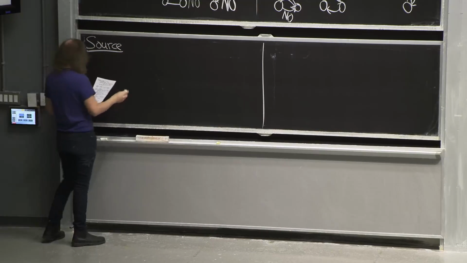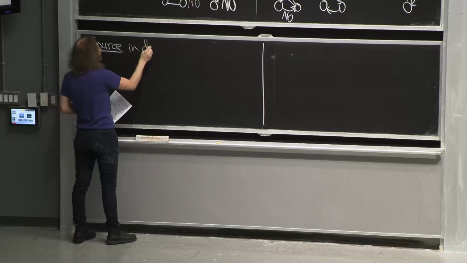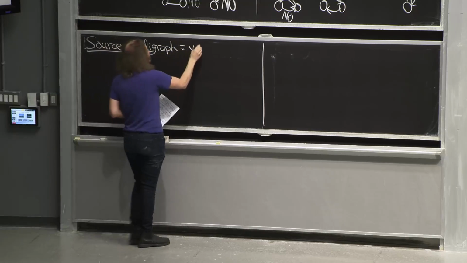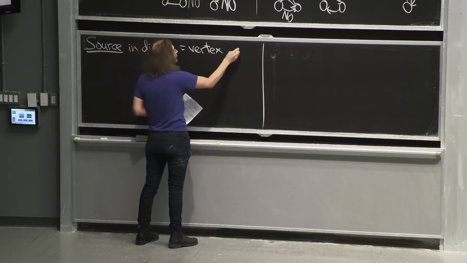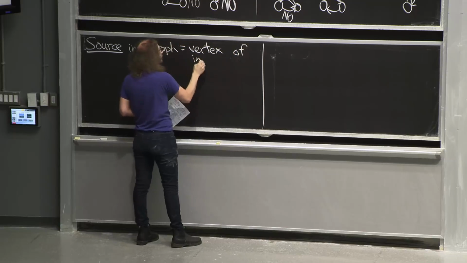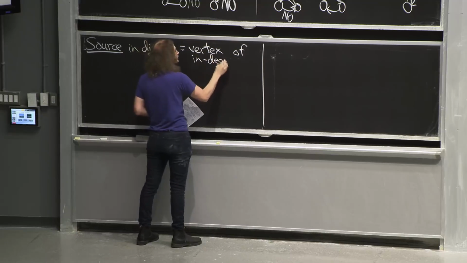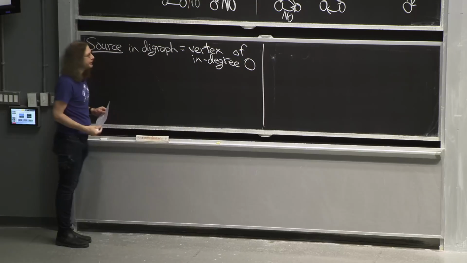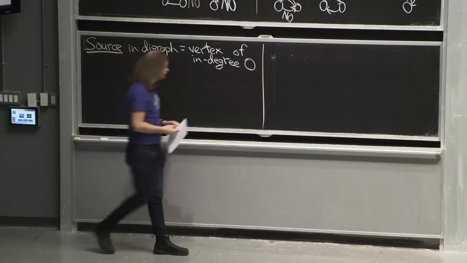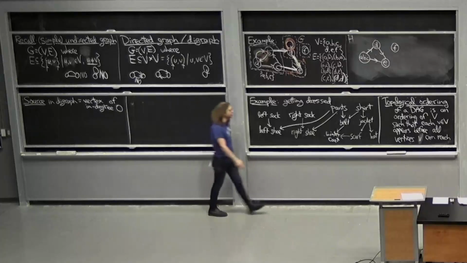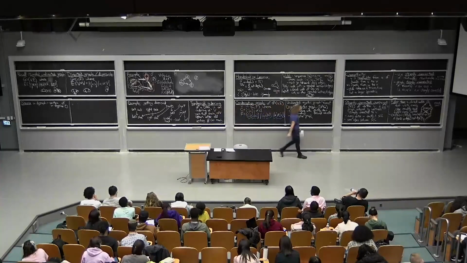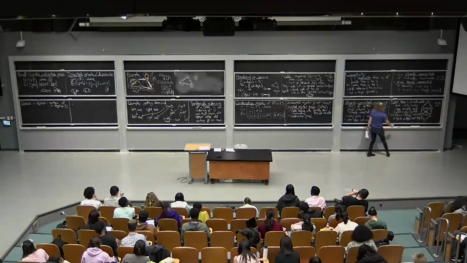One is source. This is for any directed graph. A source is a vertex of in degree 0. This is going to act kind of like a leaf for us that we had for trees. Remember, directed acyclic graphs here are sort of our analogy of trees or forests more generally.